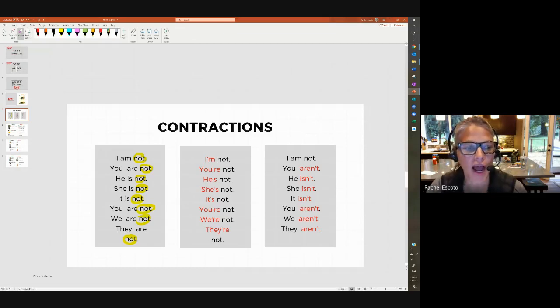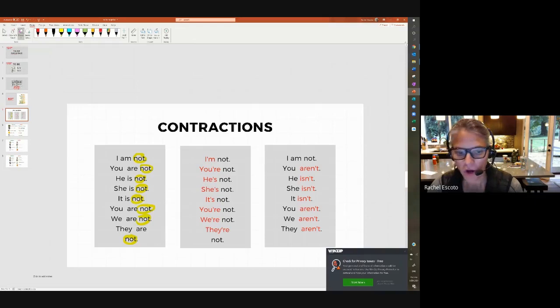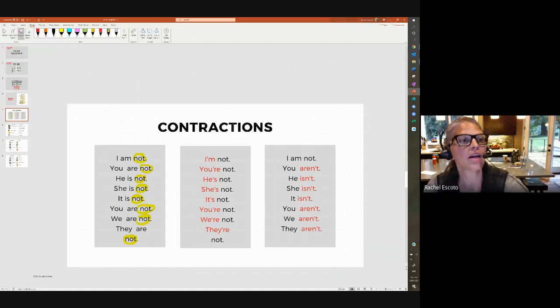The contraction for I am is I'm, you are you're, he is he's, she is she's, it is it's, you are you're, we are we're, and they are they're. So in order to make the regular contractions, all we do is we add not on the end. I'm not, you're not, he's not, she's not, it's not, you're not, we're not, they're not.